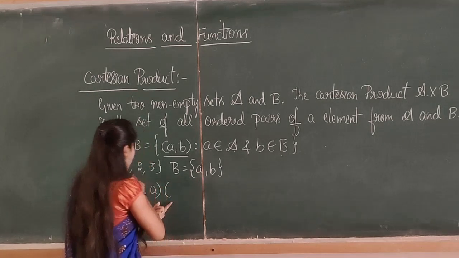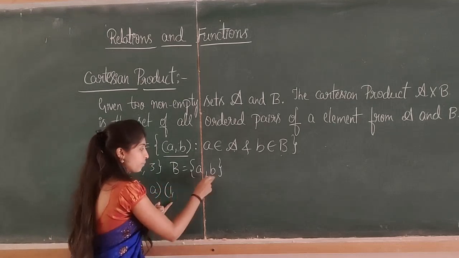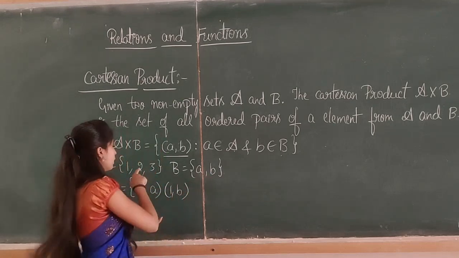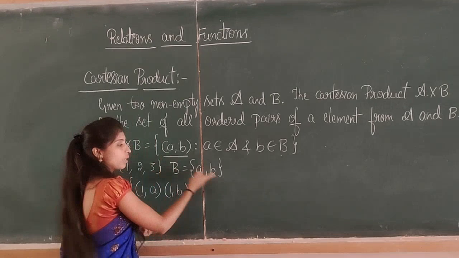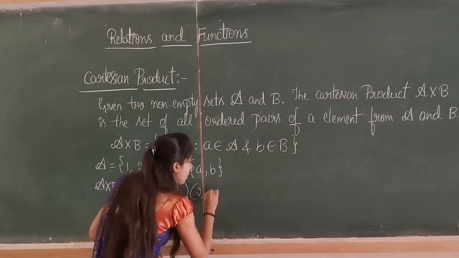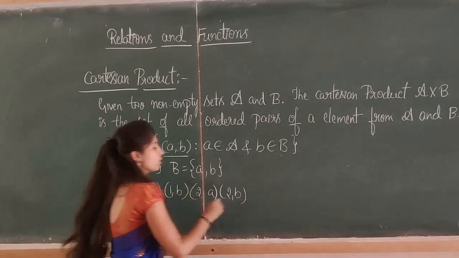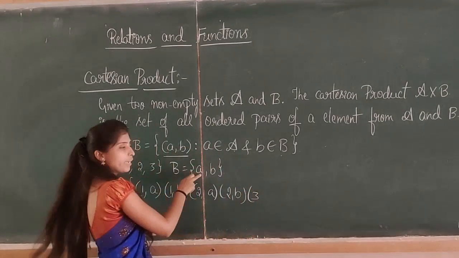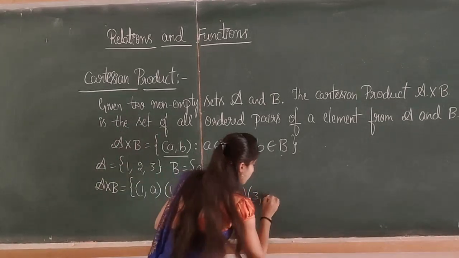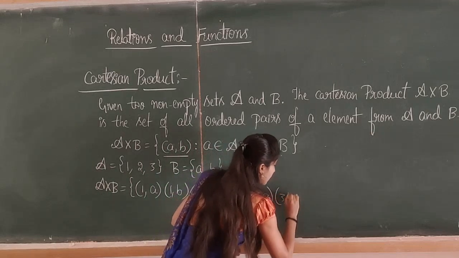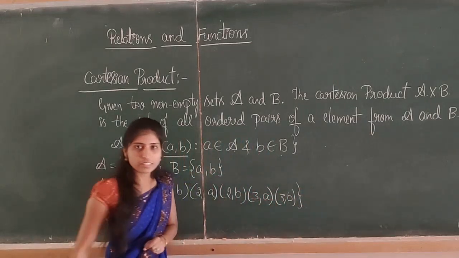In the same way, first element from first set and second element from second set. Then 2 comma A, 2 comma B. Then third 3 comma A, 3 comma B. This is the Cartesian product.